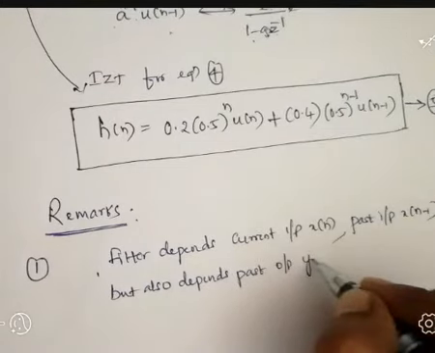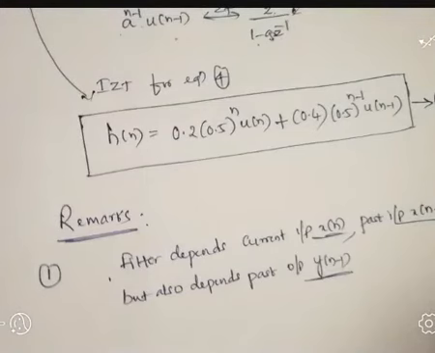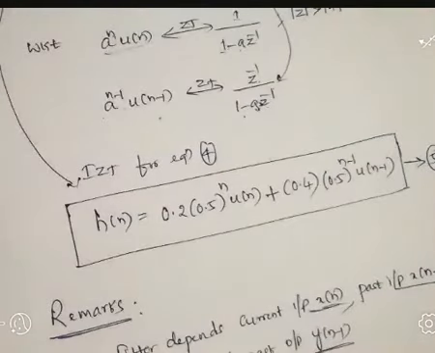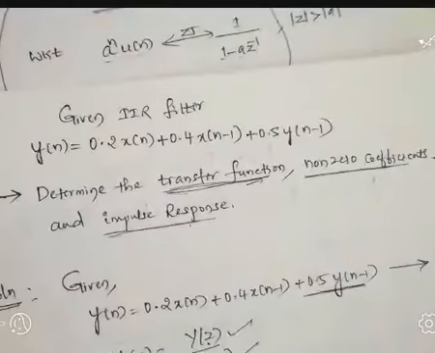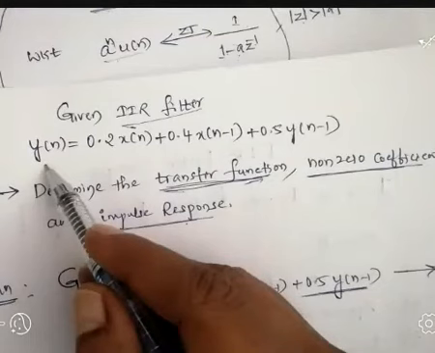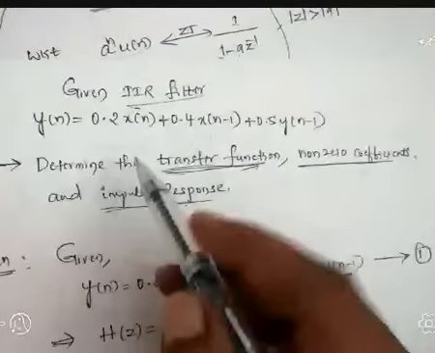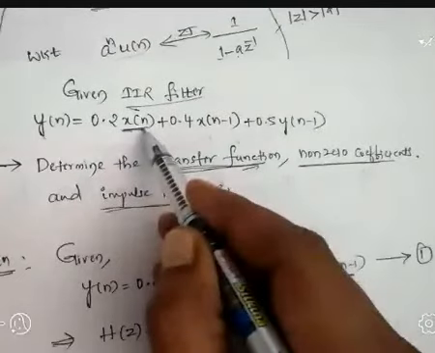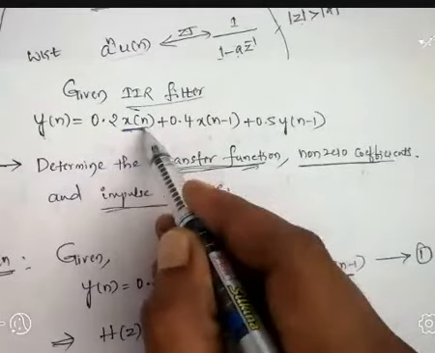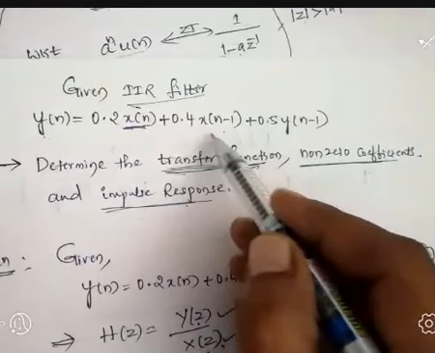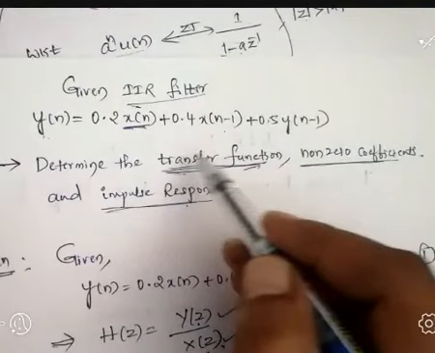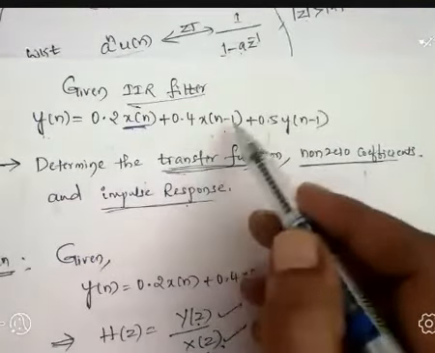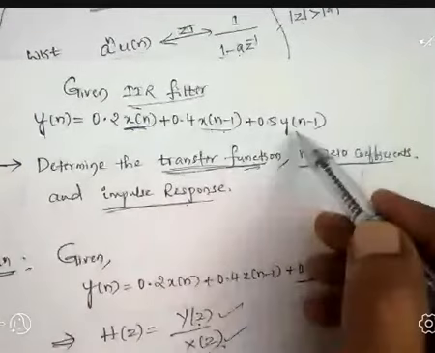This remark we can see easily from the given difference equation, that is here. This is the IIR filter y of n. This difference equation depends on the current input x of n and past input x of n minus 1. N minus 1 means previous value, that is past. So past inputs as well as past outputs.